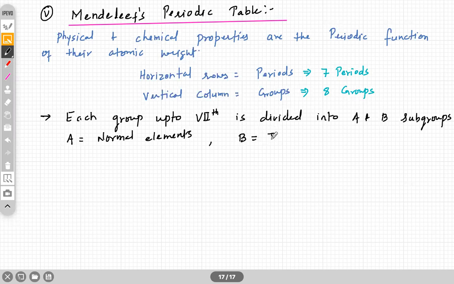B subgroups is for transition elements, okay?